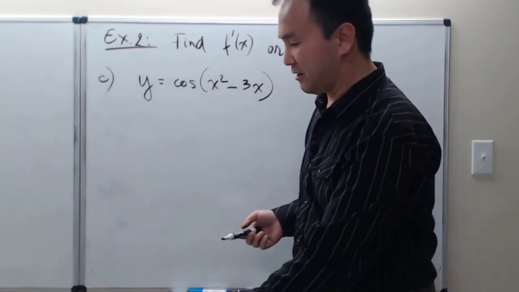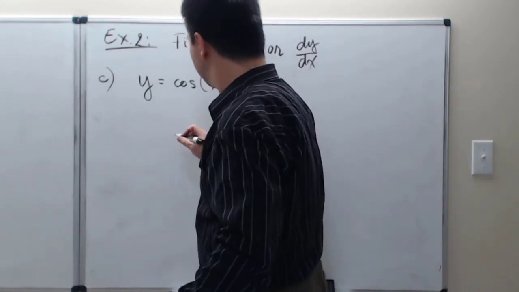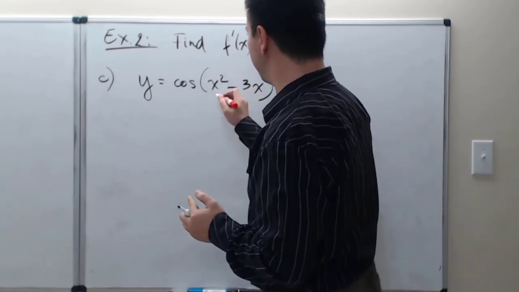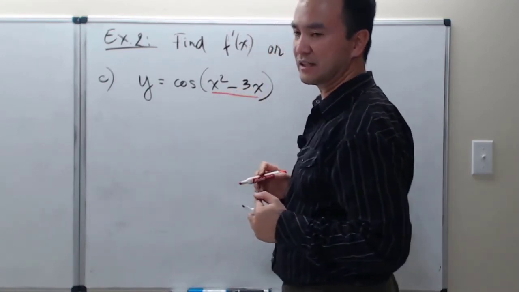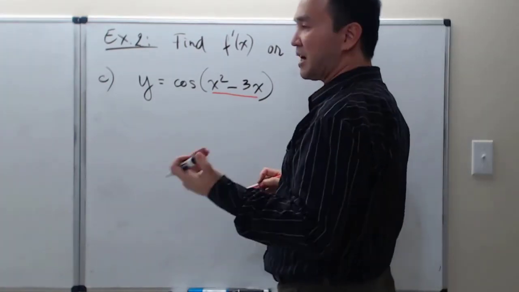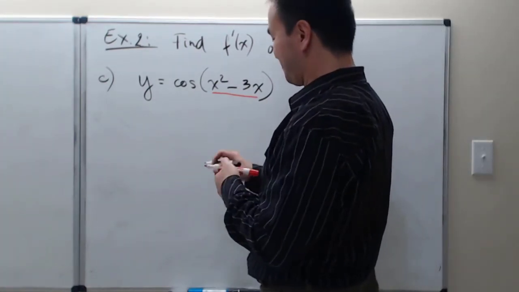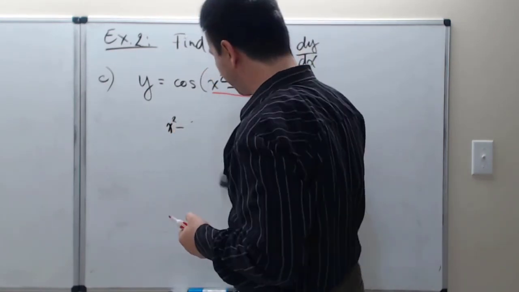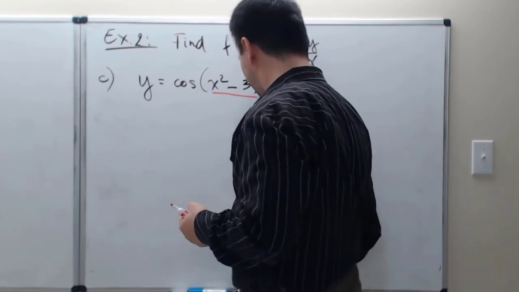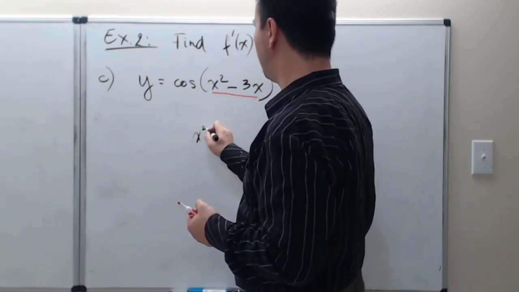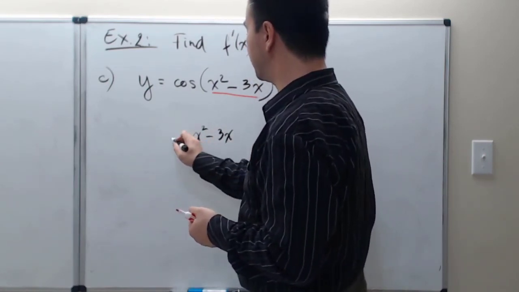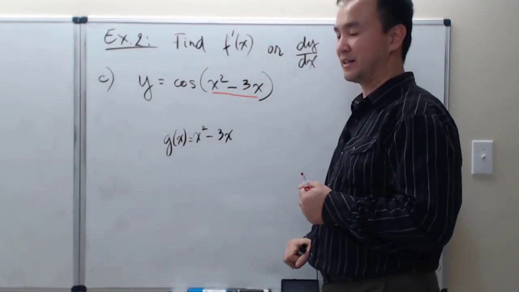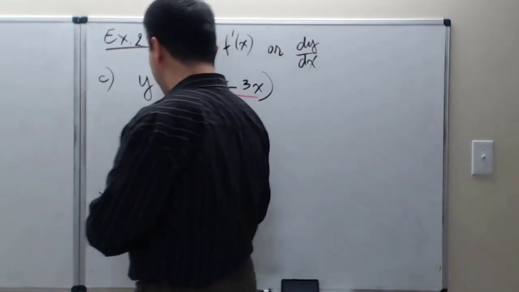For this problem, even though, as I said again, there is no right or wrong in picking the inside and outside function, I am going to pick x squared minus 3x. I can regard this as some g of x, and this is my inside function.